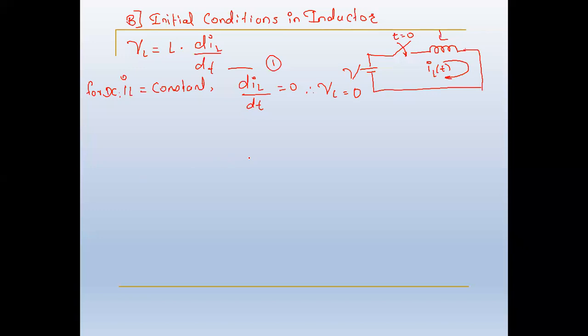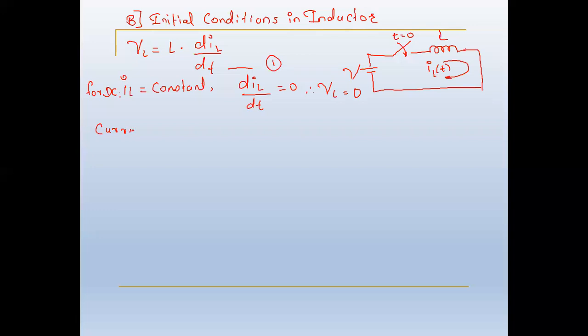Since the voltage across the inductor becomes 0, it indicates a short circuit condition, and thus for DC current in steady state condition, the inductor acts as a short circuit. Keep in mind, for a DC current in steady state condition, the inductor acts as a short circuit.